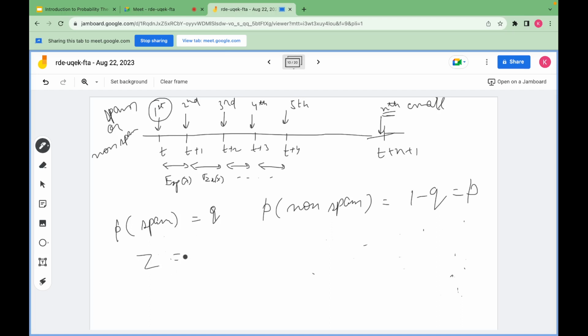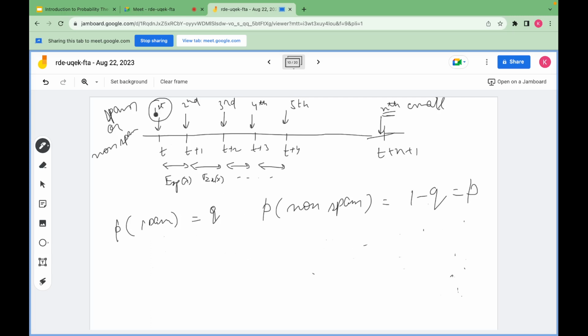So let Z... look at all these arrivals. Let's suppose this first email arrived. Now what is the probability that it will be a spam email? It is q, and for a non-spam email it is 1 minus q, that is p.